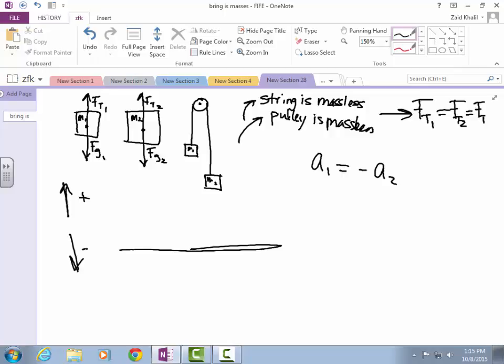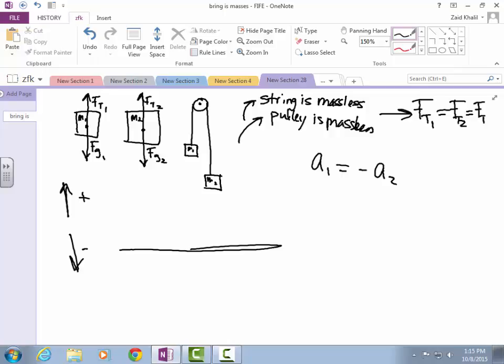Minus FG2, right, plus negative FG1 equals M1 A1 minus M2 negative A1, which is plus... If you want, I could even say minus negative FG2 plus negative FG1, just so that everything's consistent.